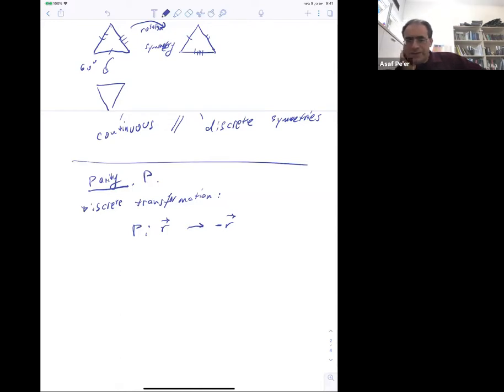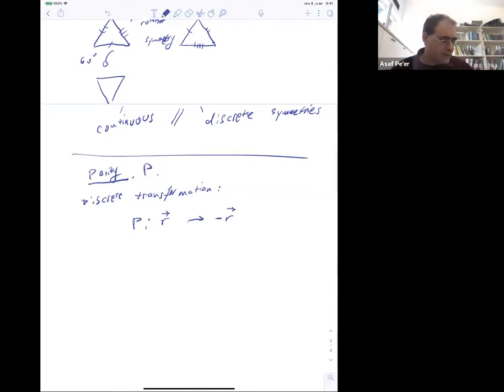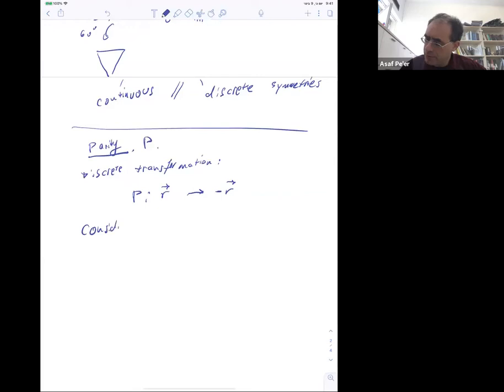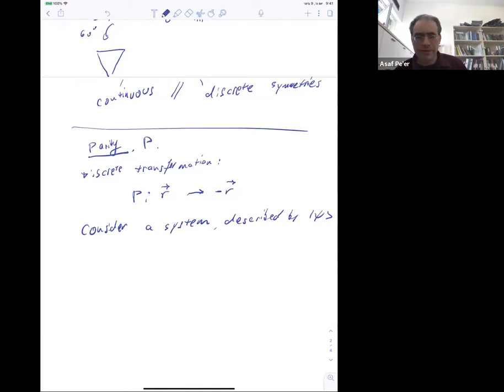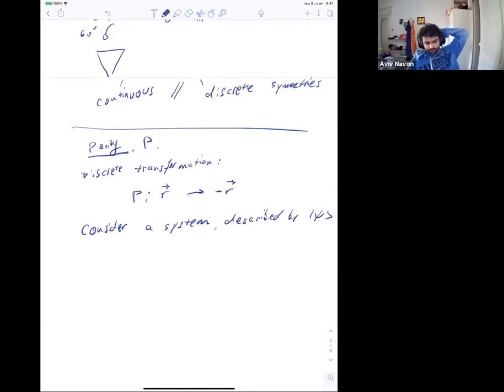Now let's say that we have a system or particle described by states psi. If I apply two consecutive parity transformations, what's going to happen to the system? It'll stay exactly the same, right?